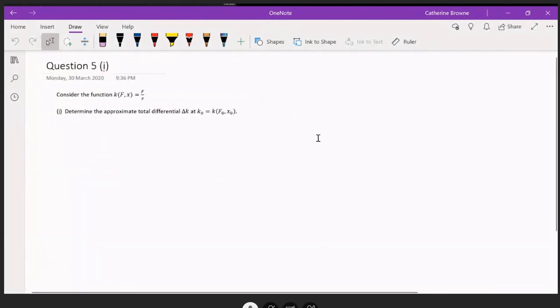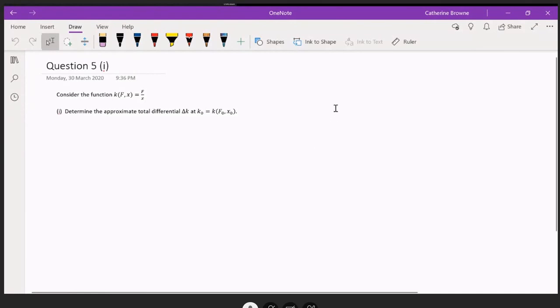So if we consider the function, k is a function of f and x, and k is equal to f on x, and we want to determine the approximate total differential at k naught.